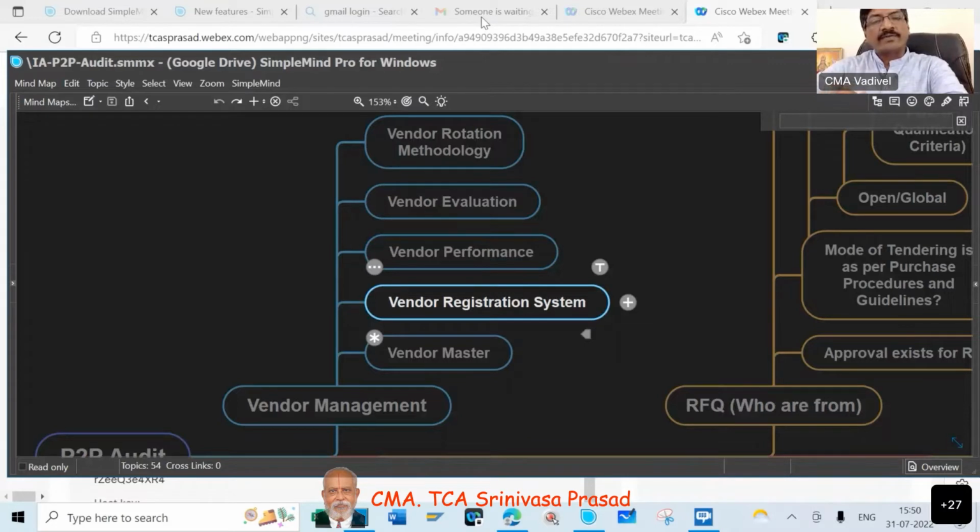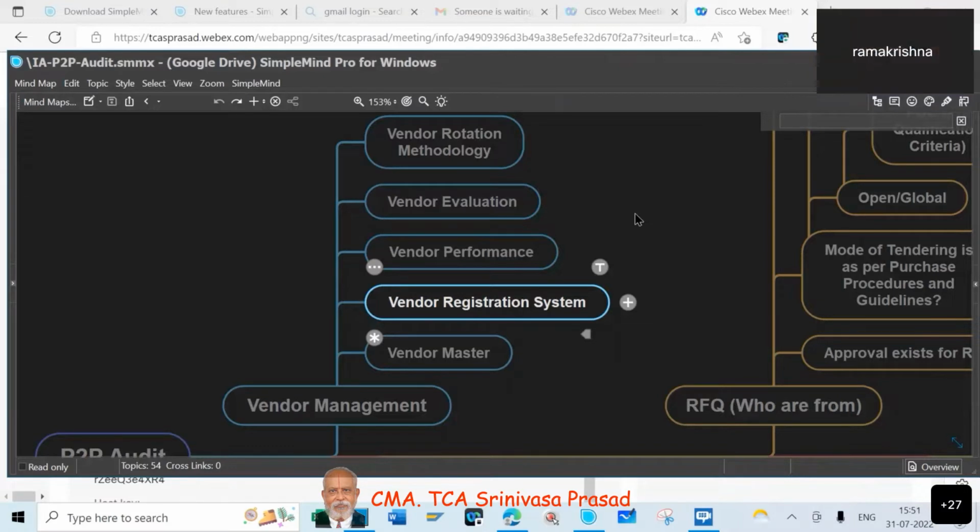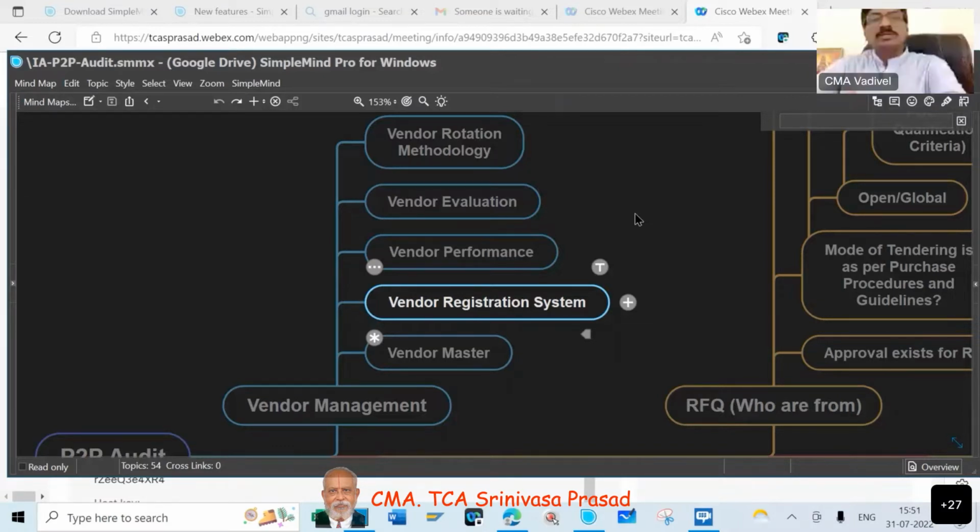Direct tax, if they have not filed the past 2 years income tax return, the company is supposed to deduct higher TDS. This is one of the rules introduced in the direct tax last year. True. So basically it is called a specified person. Yeah, specified person. So if you include all the checklists in the vendor registration itself, then it must be a robust system for the company.